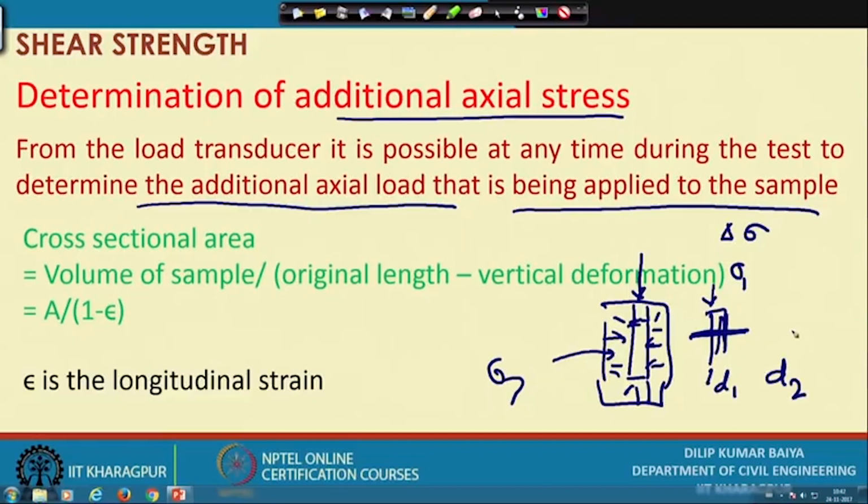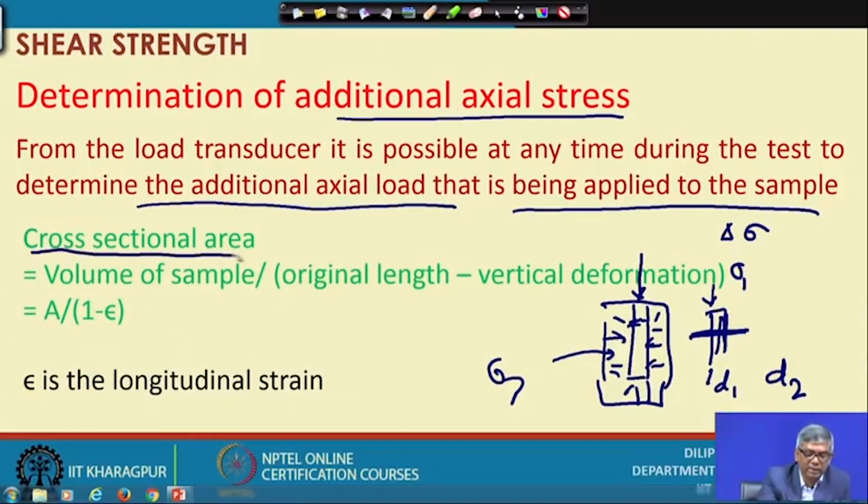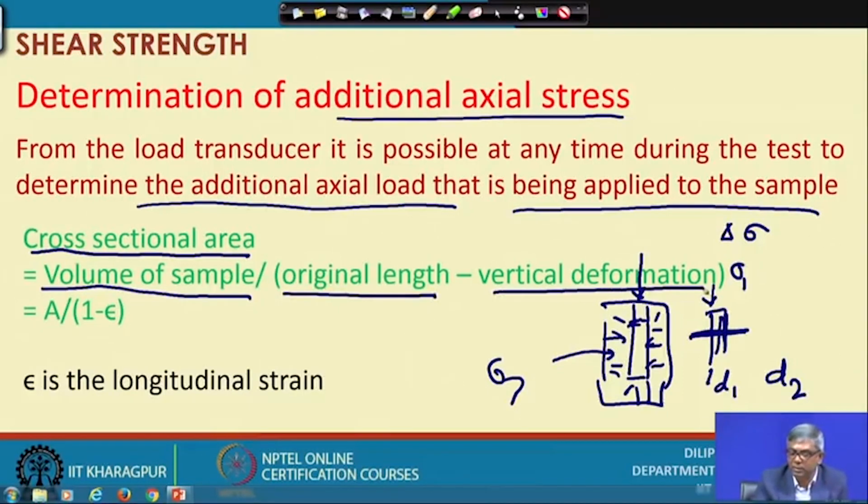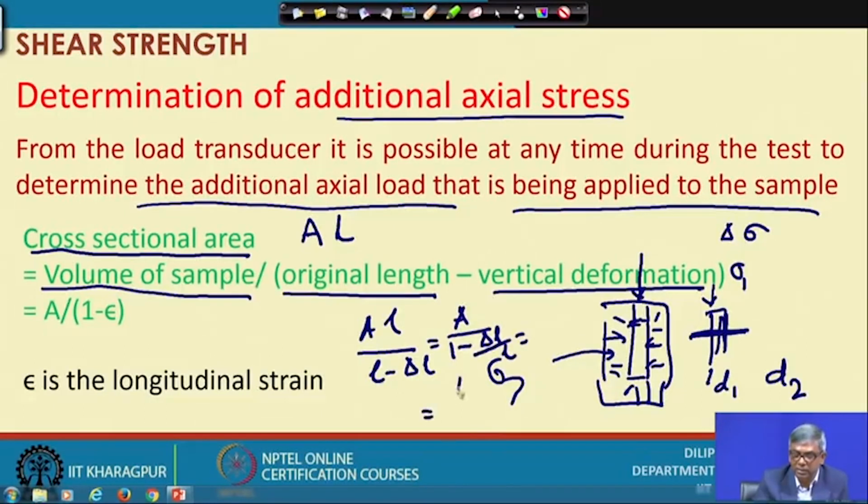And for that, the cross sectional area at any time can be obtained as volume of sample divided by original length minus vertical deformation. If I simplify, volume is nothing but area into length, and this is the original length, so your expression is A L divided by L minus delta L. If I cancel, then A by 1 minus del L by L, and del L by L is epsilon.